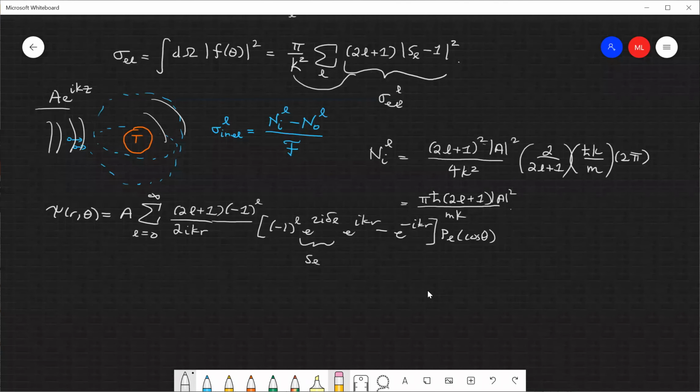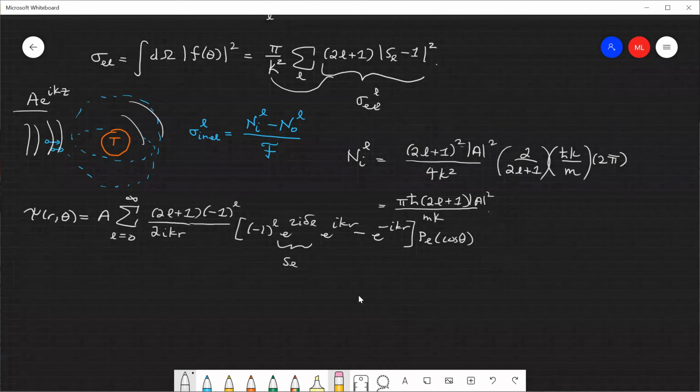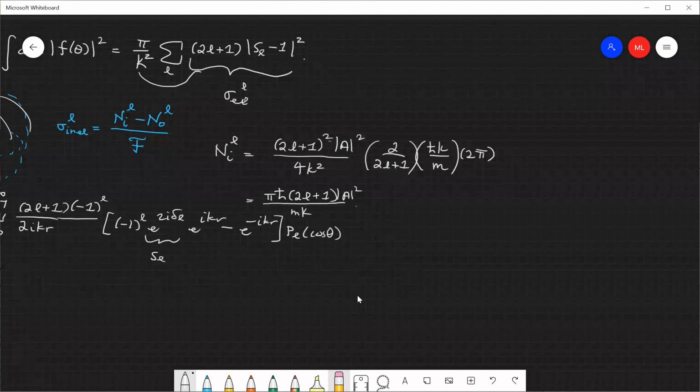So the only difference between the incoming and outgoing is this S sub l. So the number of particles going out in that lth partial wave must just be equal to the number coming in times the magnitude of S sub l squared, right? Because that's the only difference.